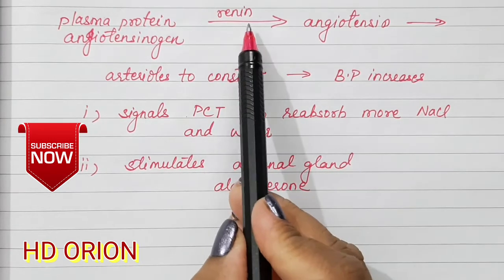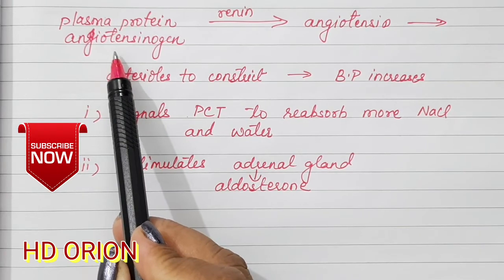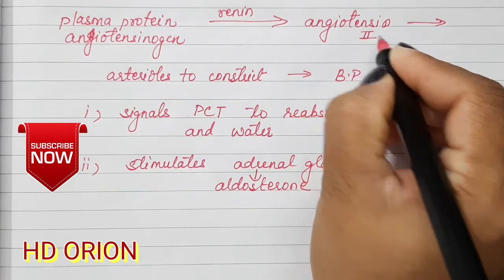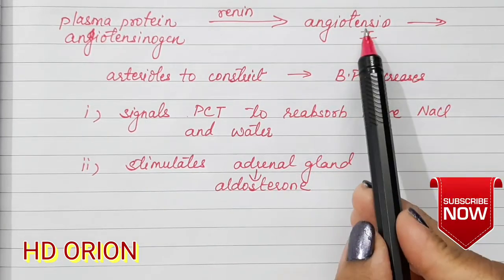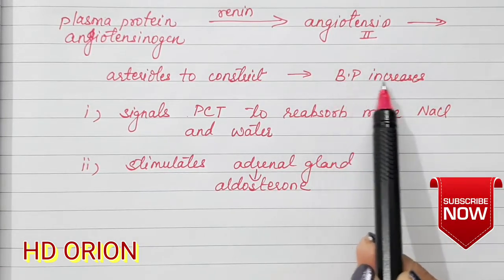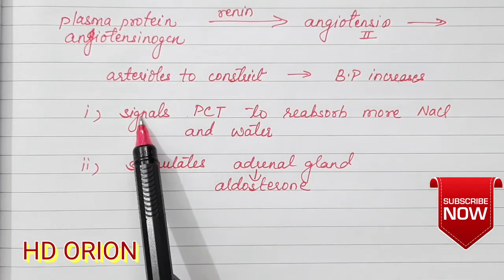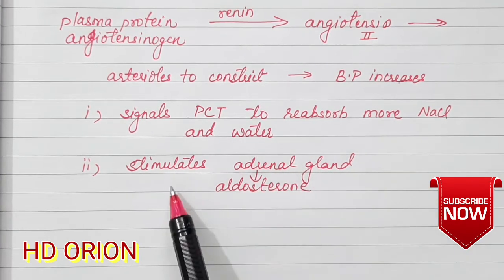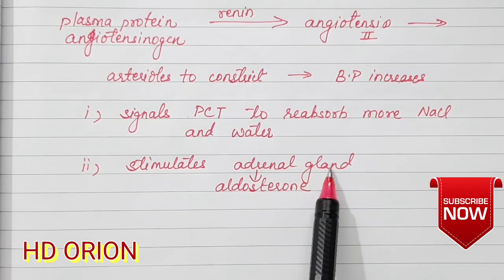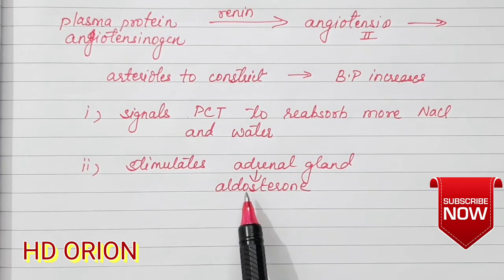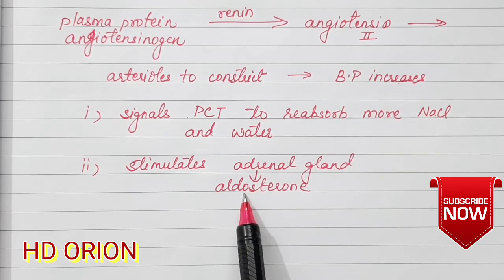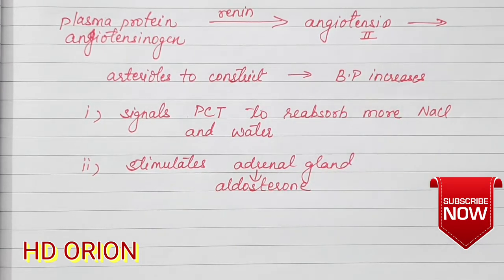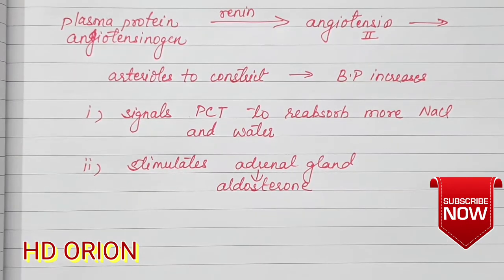When renin is secreted, angiotensinogen, which is an inactive form, gets converted into angiotensin 2. This angiotensin 2 then helps in increasing the blood pressure in two ways: by signaling the proximal convoluted tubule to reabsorb more NaCl and water, and by stimulating the adrenal gland to produce the hormone aldosterone. The aldosterone also helps increase the absorption of sodium ions. This is how the blood pressure increases.